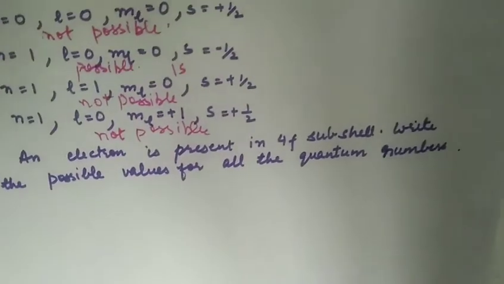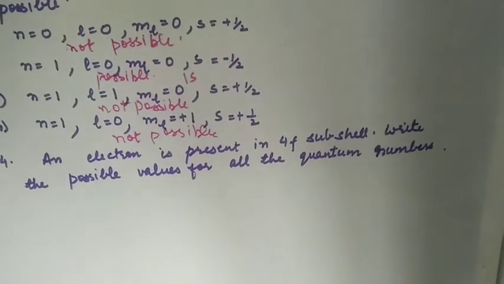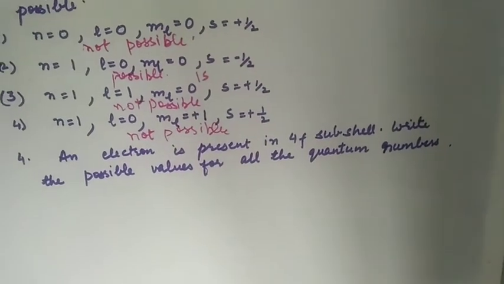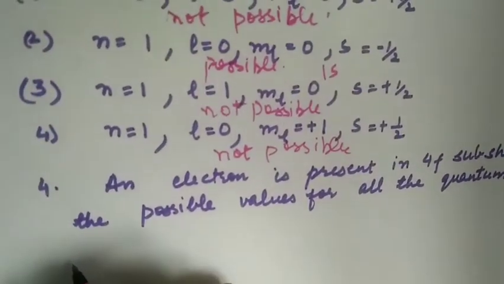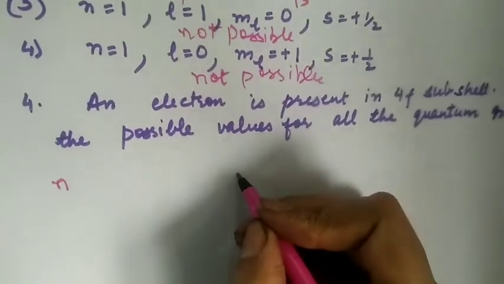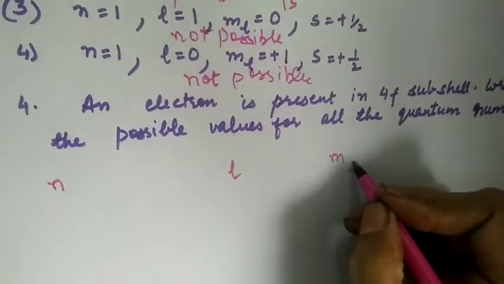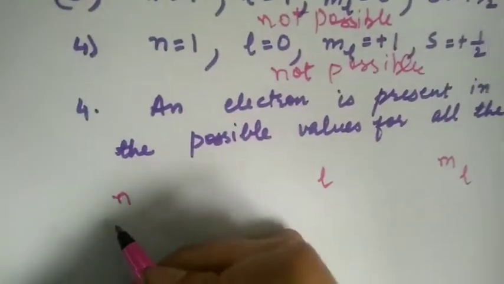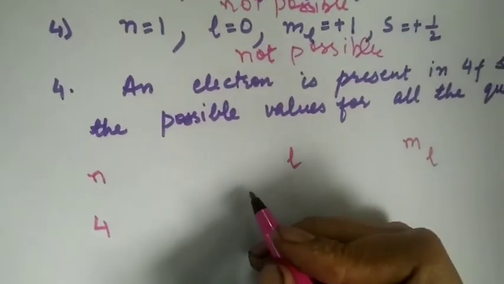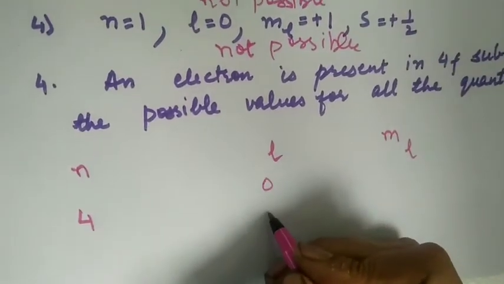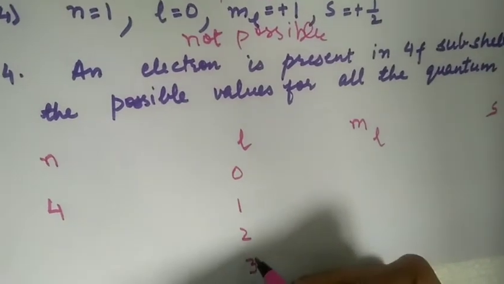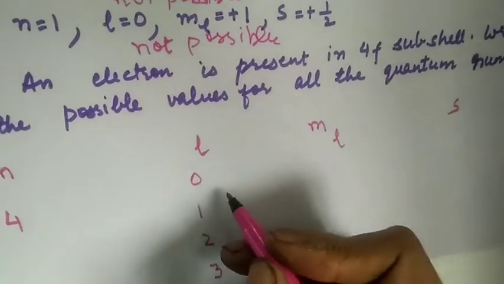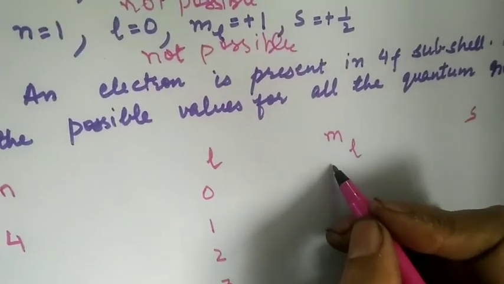An electron is present in the 4f subshell. Write the possible values for all the quantum numbers. So let's do it. We have to write down the value for n, for L, for ML and for S. When n is equal to 4, L can have values 0, 1, 2 and 3, up to n minus 1. Now ML can be 0.